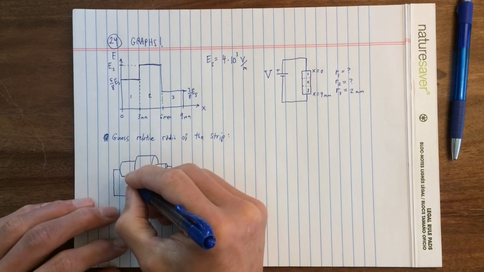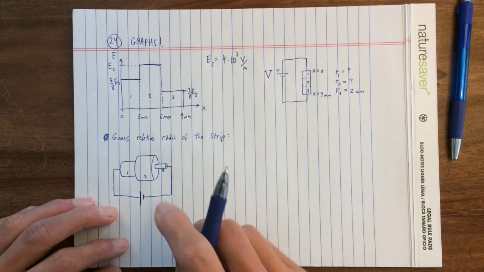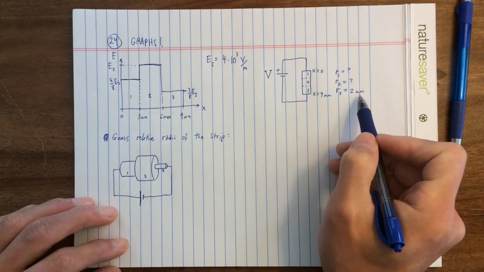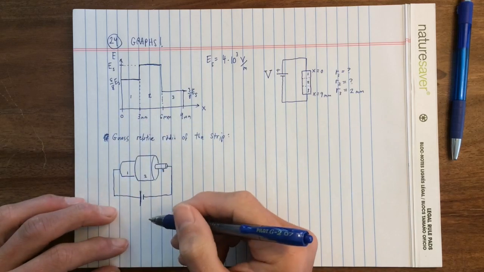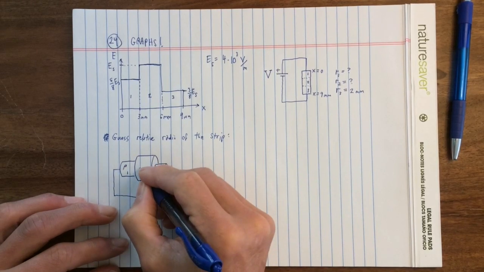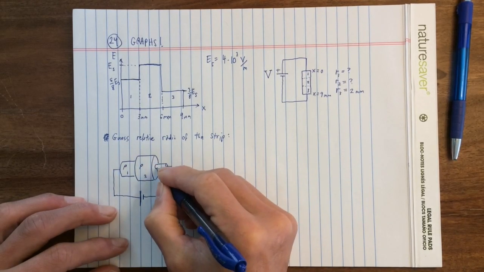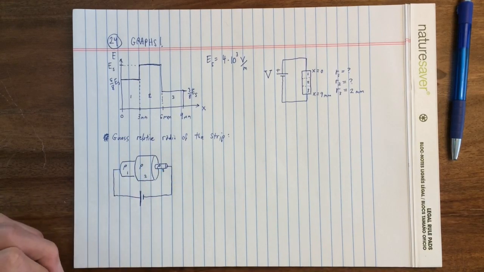So this is region number 1, this is region number 2, and this is region number 3, and the radius of region number 3 is 2 millimeters. The problem is also careful to state that each of these regions has the same resistivity. That is, they're all made out of the same material, so they each share the same resistivity.